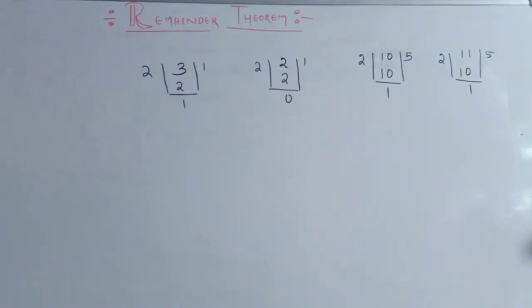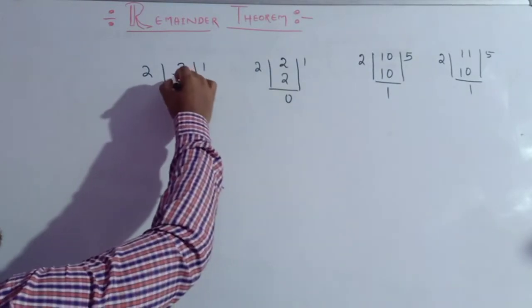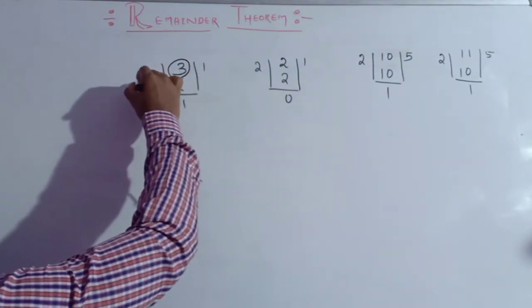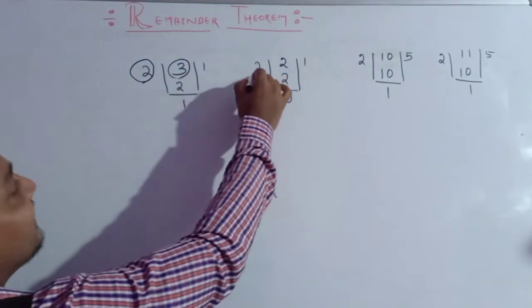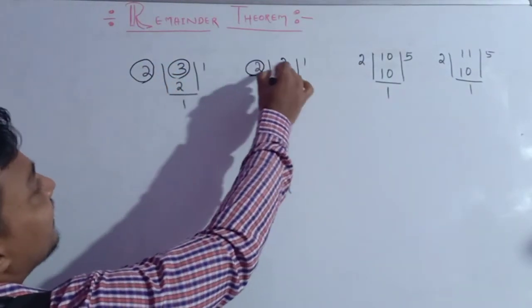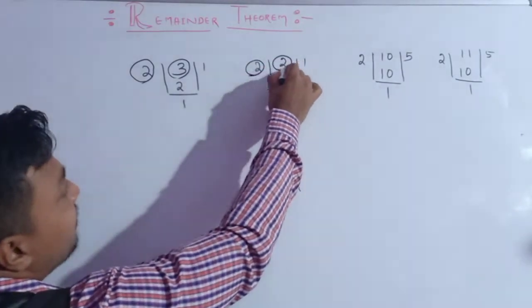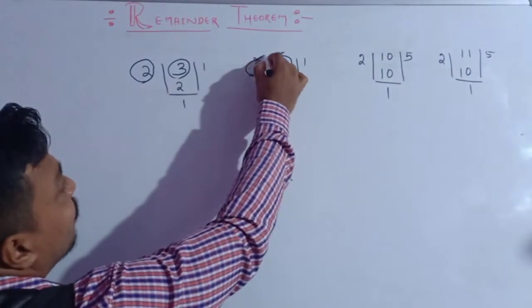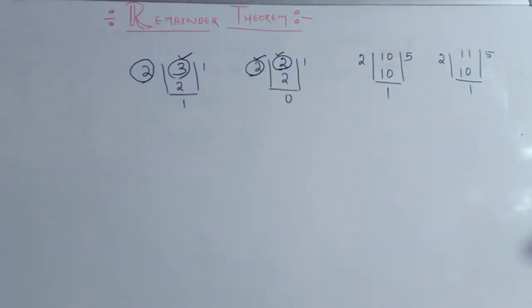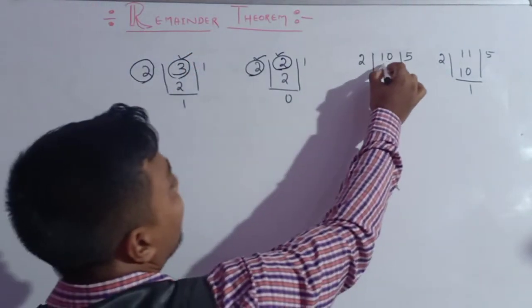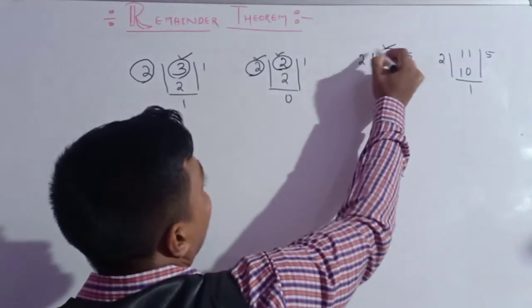So from these four divisions, one thing is clear: this one is our dividend, and this one is our divisor. Always see, either the dividend is equal to the divisor, otherwise the dividend is more than the divisor. Here in this case the dividend is more than the divisor.